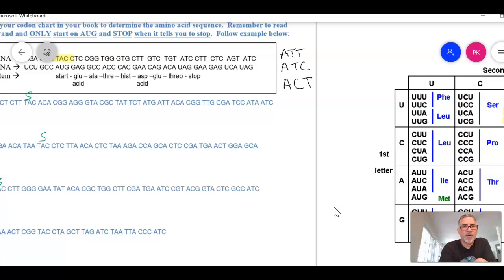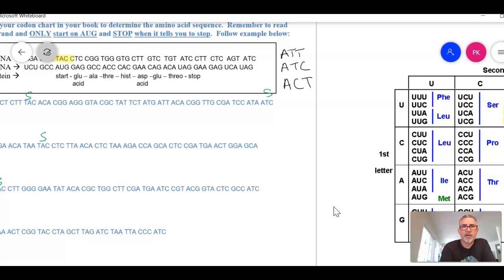So I come over here and I'm looking, and I got to stop all the way here at the end. Right, my ATC is all the way here at the end. So that's going to be my stop, right? All right, so I come over here to the next one.